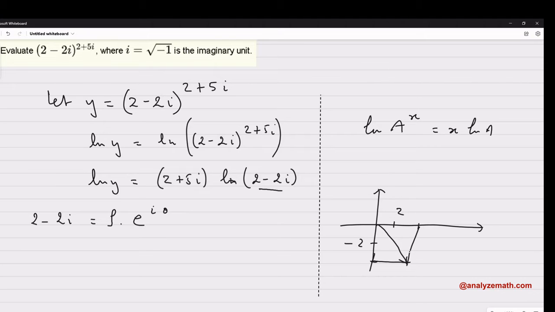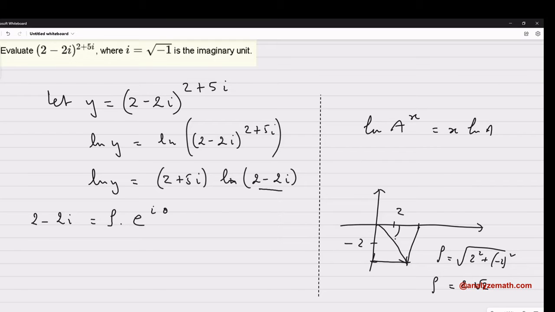Now for the polar form, rho is equal to the square root of the real part squared, 2 squared, plus the imaginary part squared. Simplifying, it is the square root of 4 plus 4, so 2 square root of 2. Now where is the angle theta?